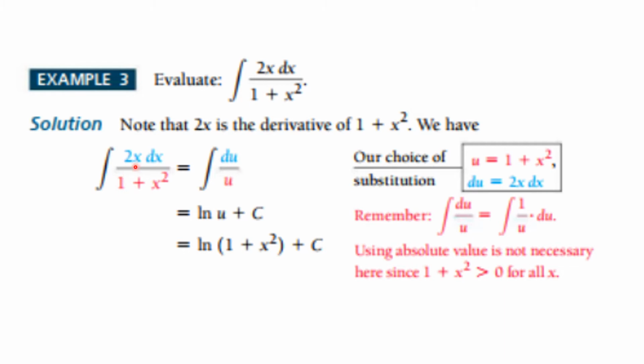So when we look over here, then this top is actually just du, and the bottom is u. That matches, so we're integrating du over u, which is the natural logarithm of u. And we don't have to worry about the absolute value here because 1 plus x squared is always positive, plus c. But then we have to reverse our substitution, and so we put the 1 plus x squared in there, plus c. And that is the answer to this problem.